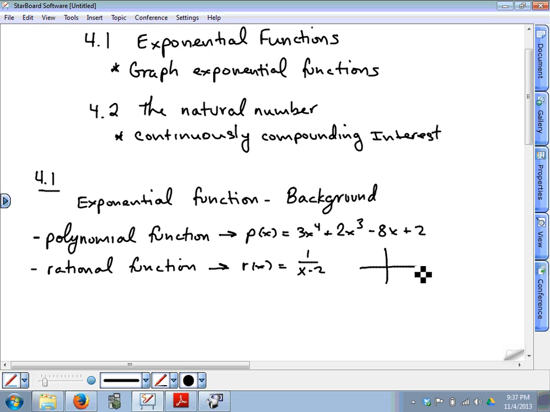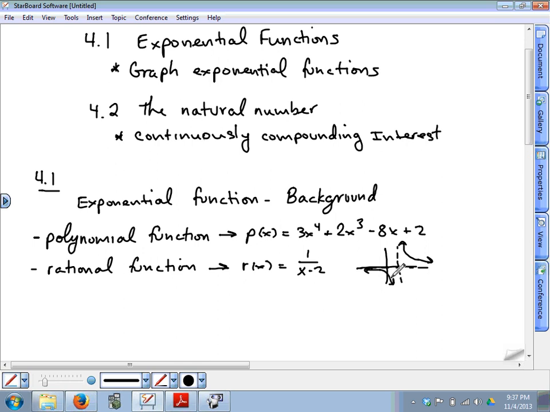So the graph of this might look something like this. We've talked about other types of functions. There's absolute value functions that have a V-shaped graph.